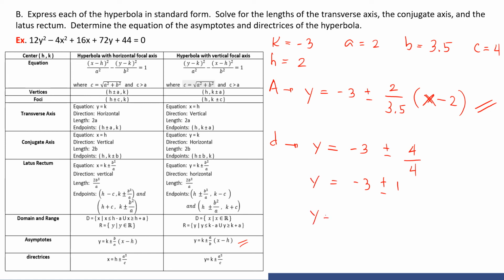Therefore, y is negative 3 plus 1, and that is negative 2, while the other is y equals negative 3 minus 1, and that is negative 4. So these are the equations of the directrices of the hyperbola.